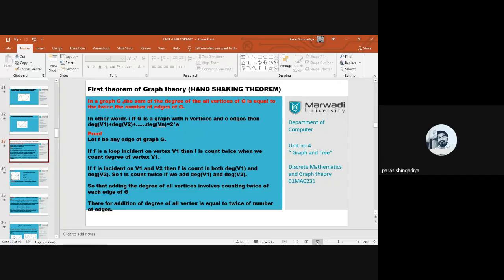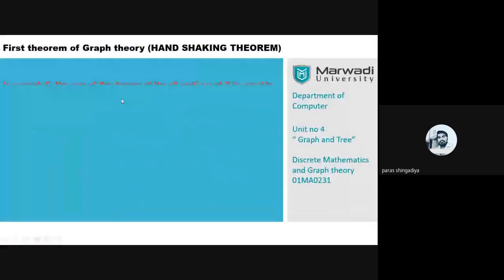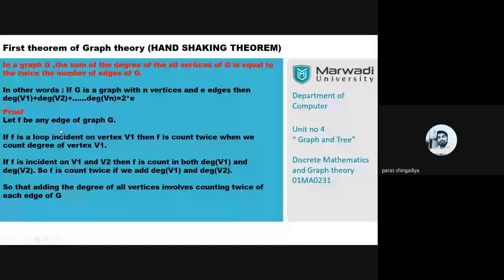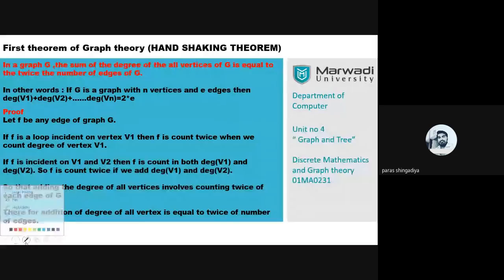So how can we prove that? That was discussed in the last lab. We have two scenarios for any edge: either it is a loop or an edge. So we have two cases to identify the degree. For a loop we already count 2 times, and for an edge it is considered two endpoints, v1 and v2.